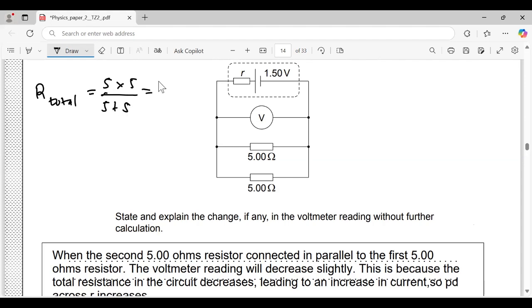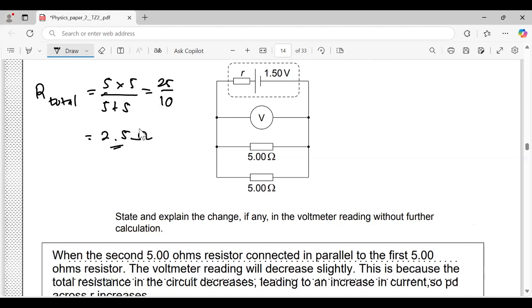The result is 25 over 10, which is 2.5 ohms. If you compare with the single 5 ohms resistor, this is lower.